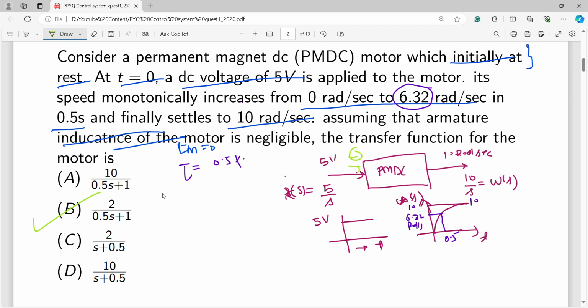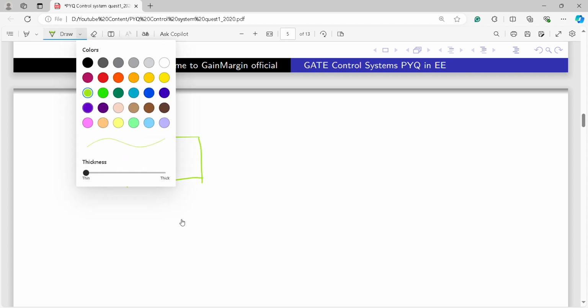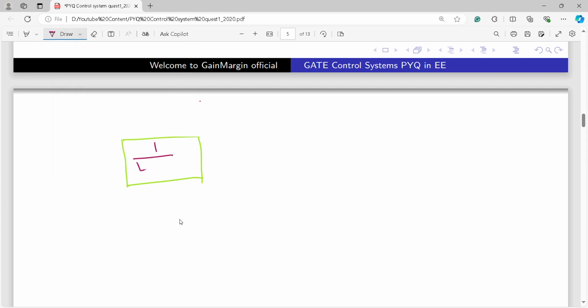And one more thing I am telling here: in the case of a motor, generally our transfer function is like this: 1 by (Lm s plus Rm), where Lm is the inductance and Rm the resistance of the coil, I mean the motor winding.